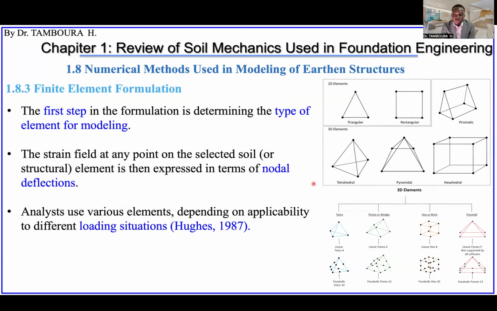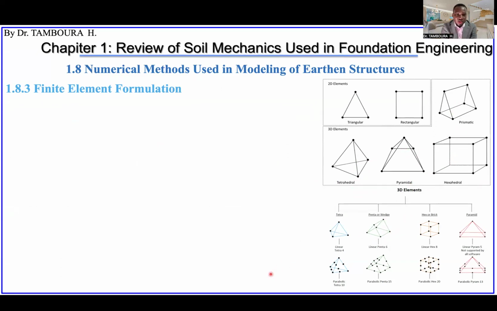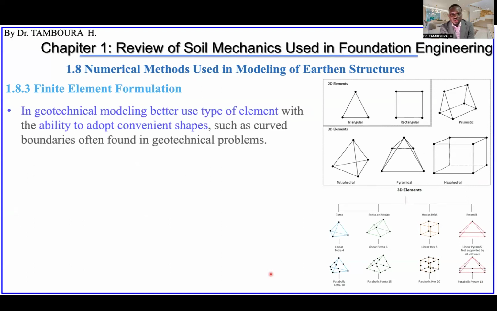The first step is to choose the type of element you want to use in your numerical analysis. In geotechnical modeling, it's better to use a type of element that can adapt to convenient shapes, because some geotechnical structures have complicated shapes.